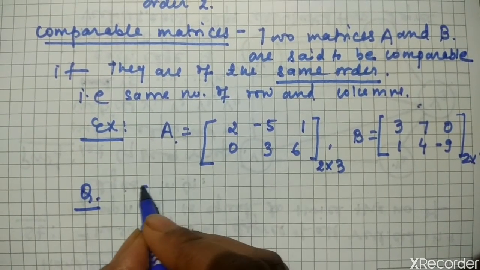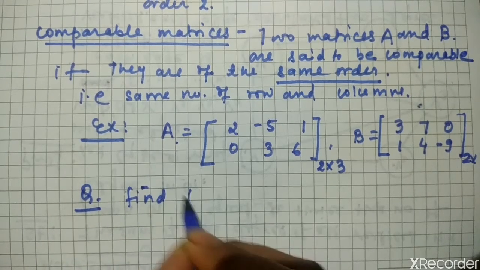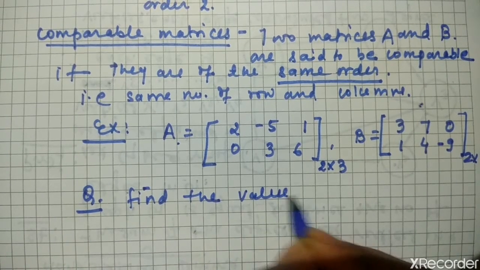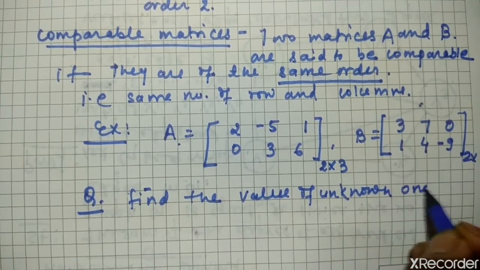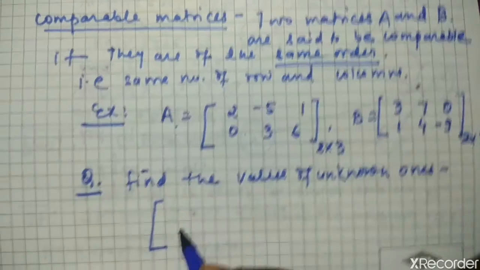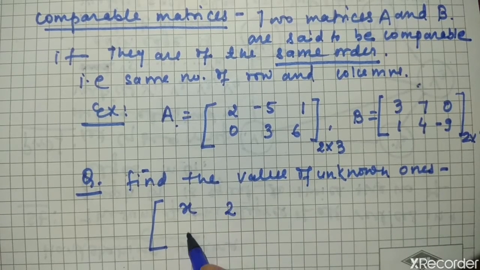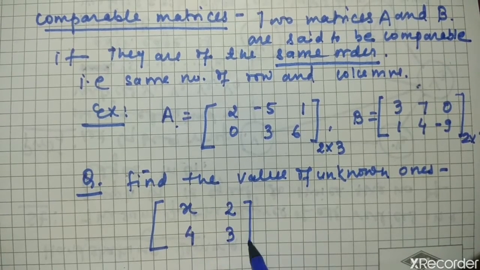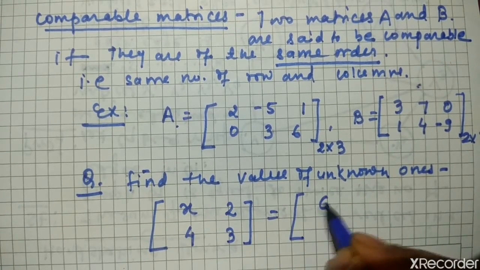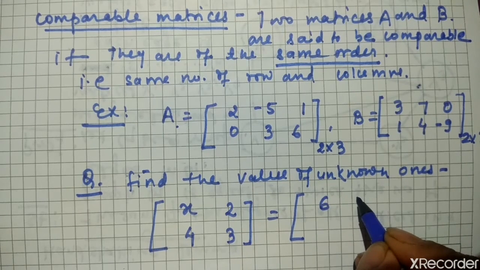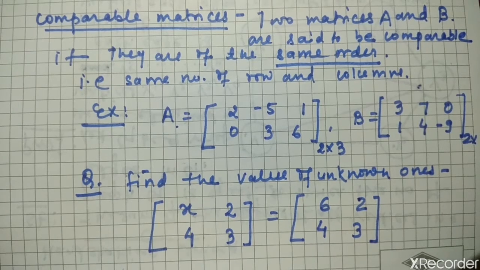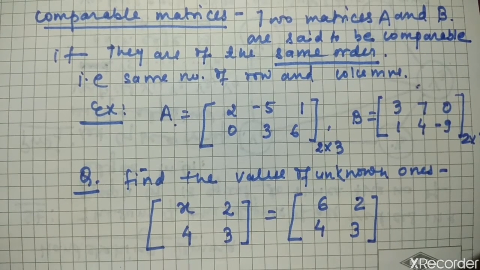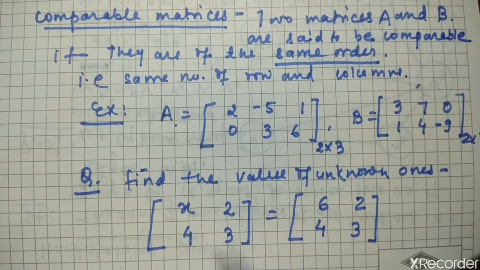Which will be asked in the exam. Here, find the value of the unknown ones. Suppose you have x, 2, 4, 3, and this must be equal to 6, 2, 4, 3. Here you have to find the value of x. So let us first see, are these of the same order? Here this is of order 2 and this one is of order 2.